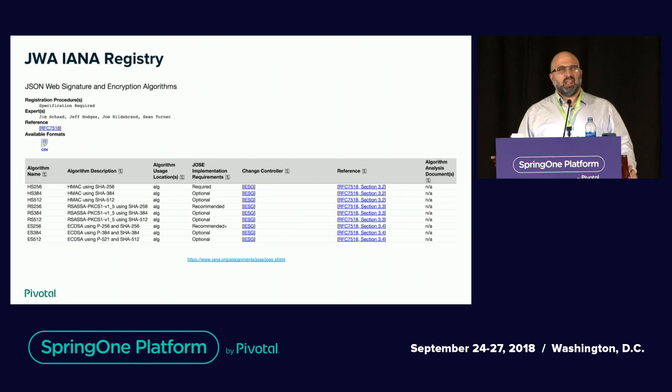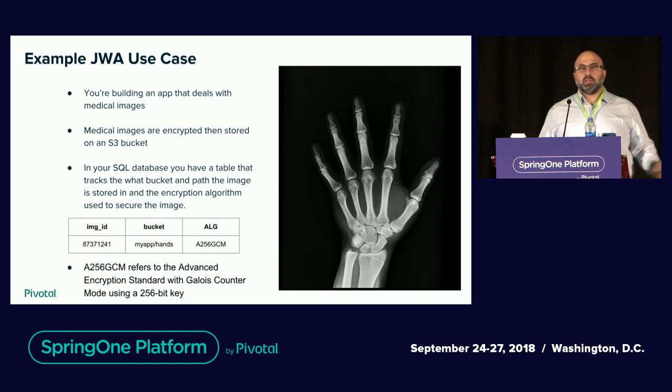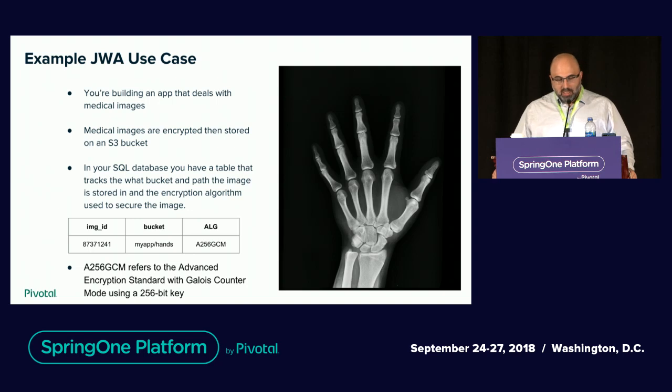So you're like, okay, how would I actually use this? Well, let's look at a use case that's outside of your typical OpenID Connect and login. Let's say your application deals with medical images and you store these medical images somewhere, like a bucket on S3, and you encrypt them. And you need to remember what encryption algorithm you actually used.